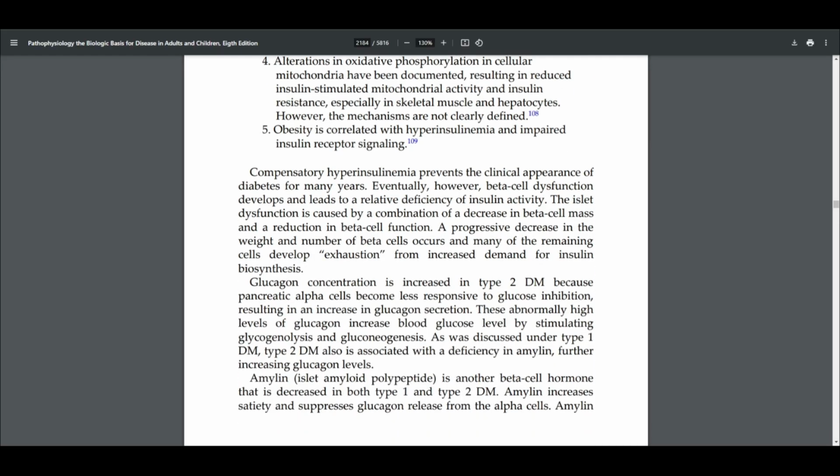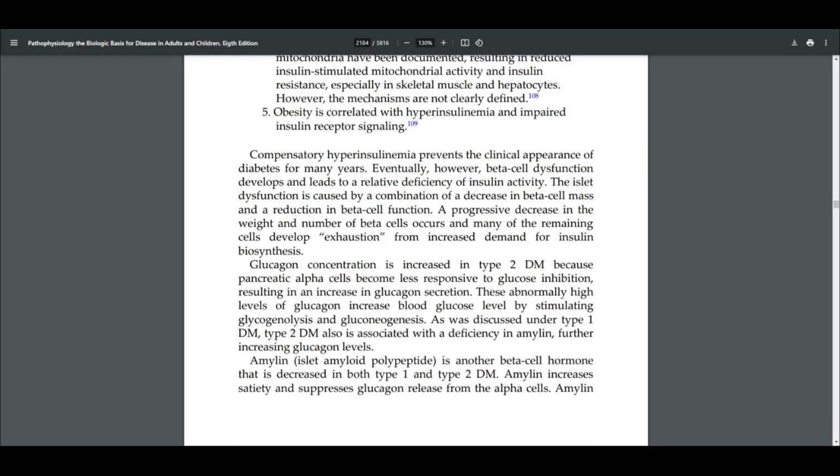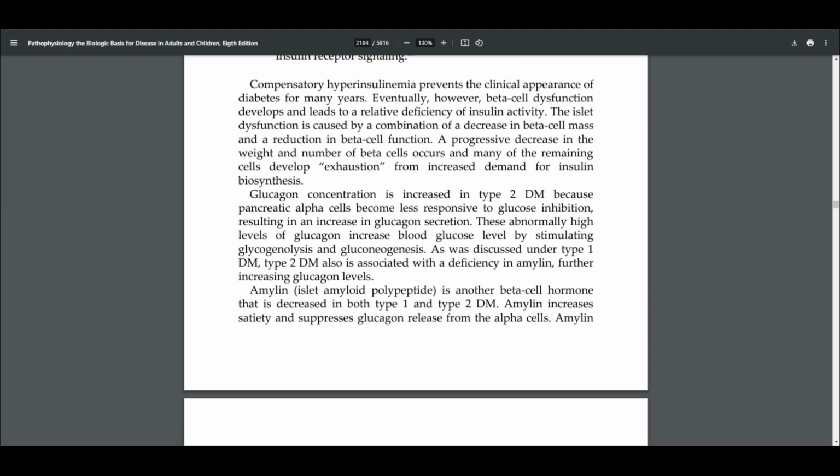And lastly, number 5, obesity is correlated with hyperinsulinemia and impaired insulin receptor signaling. Compensatory hyperinsulinemia prevents the clinical appearance of diabetes for years. Eventually, however, your beta cell dysfunction develops and leads to a relative deficiency of insulin activity.